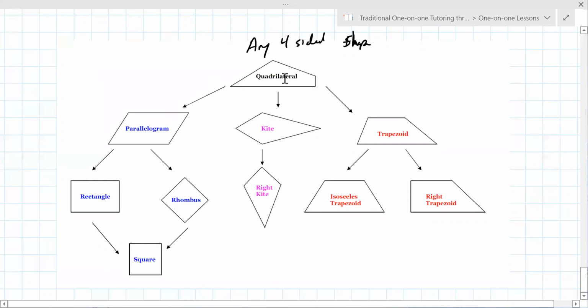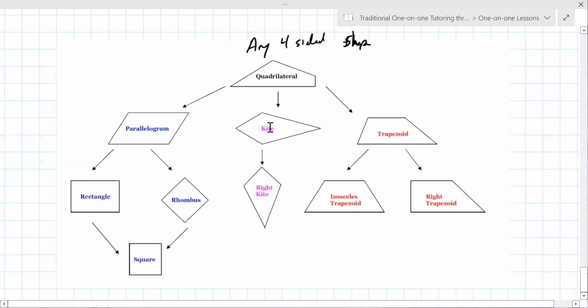I think we talked about this a long time ago in the course. Every square is a rectangle, but not every rectangle is a square. Every parallelogram is a quadrilateral, but not every quadrilateral is a parallelogram, because it could be a kite or trapezoid.